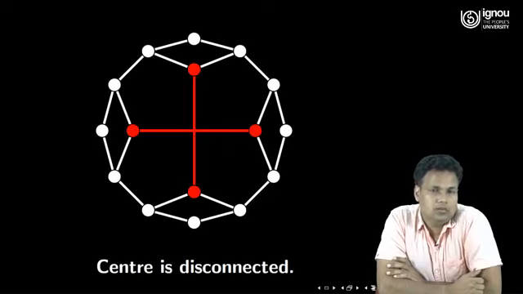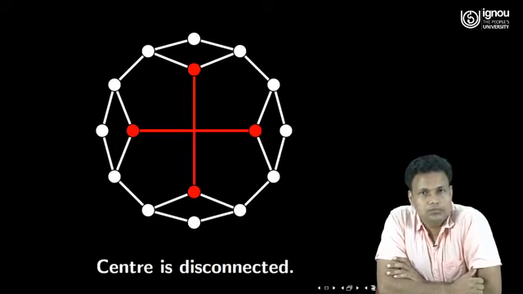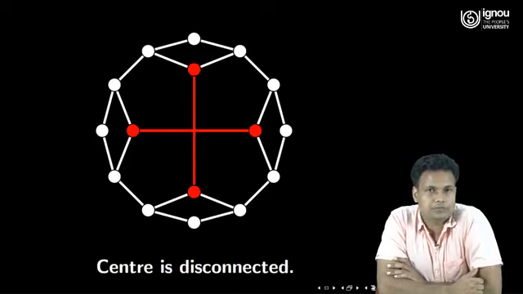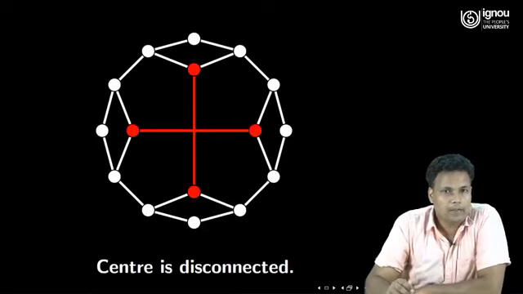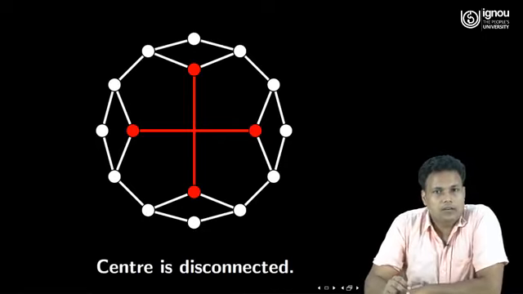There is no path from one vertex to another that goes through only this subgraph. So this is a graph which has a disconnected center.